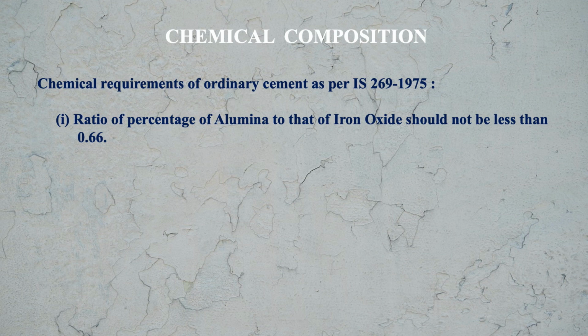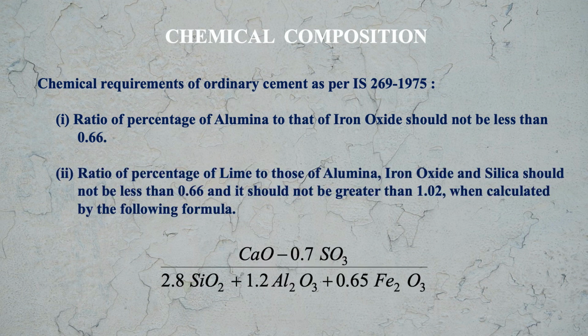Another condition is that the ratio of percentage of lime to those of alumina, iron oxide and silica should not be less than 0.66, and it should not be greater than 1.02 when calculated by the formula CaO minus 0.7 SO3 divided by 2.8 SiO2 plus 1.2 Al2O3 plus 0.65 Fe2O3.